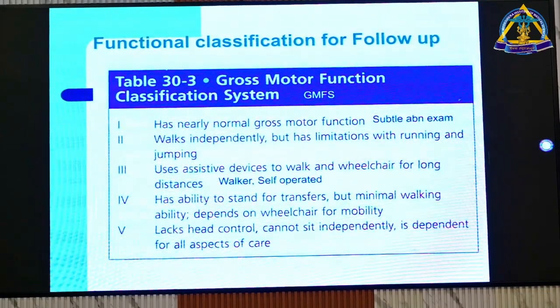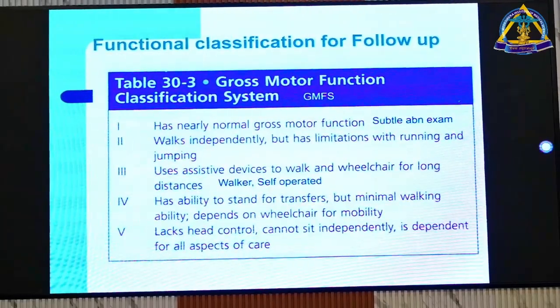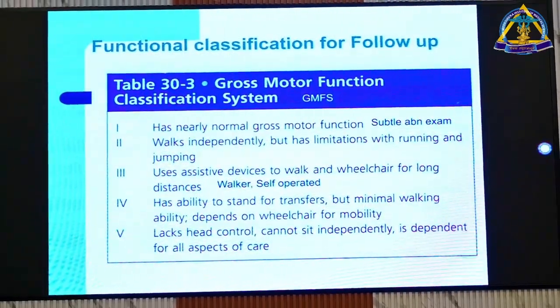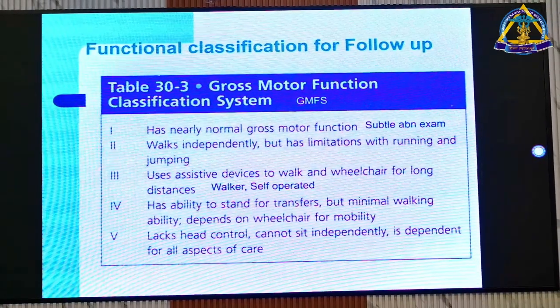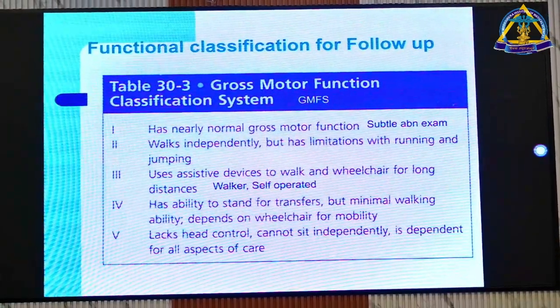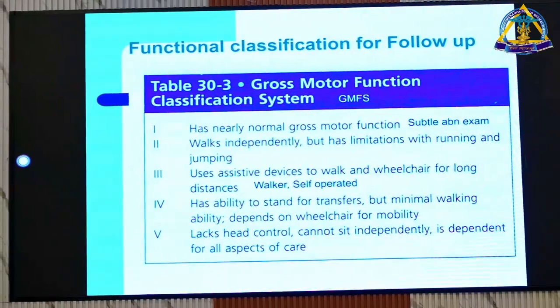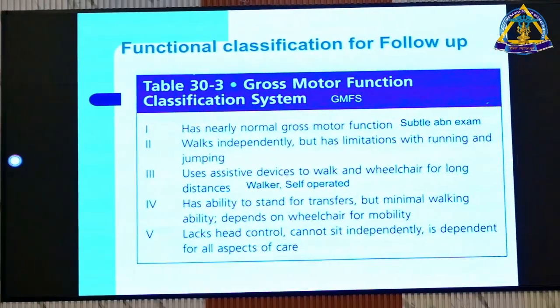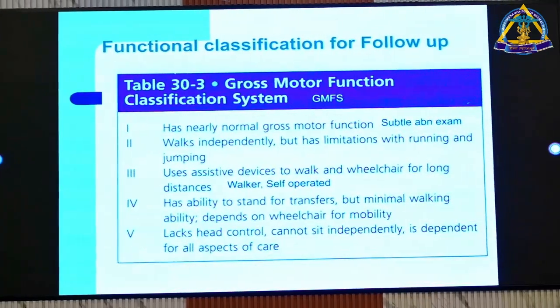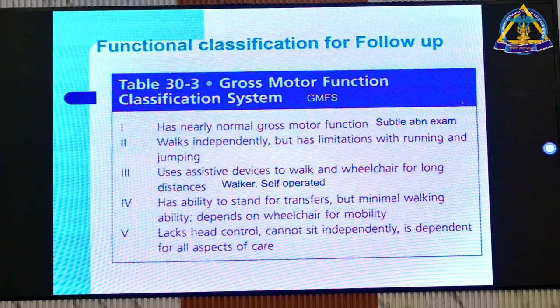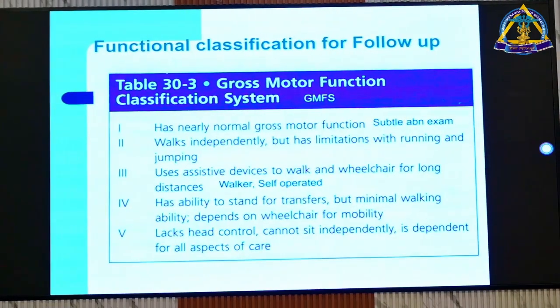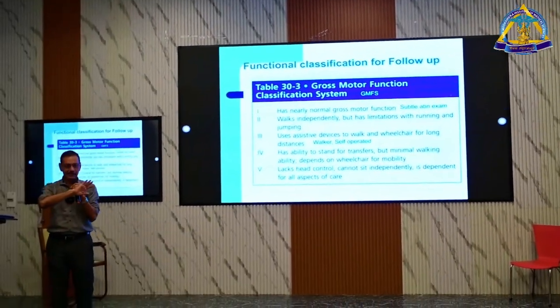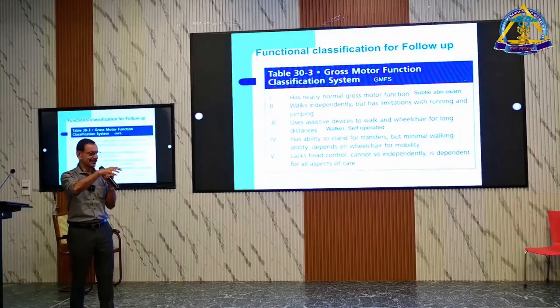Gross motor function classification. Again, basically for postgraduates, but in the unlikely event that you are performing very well, you may be asked this question to give you a little more marks. There are 4-5 grades. One means everything is normal, he can run, he can jump.